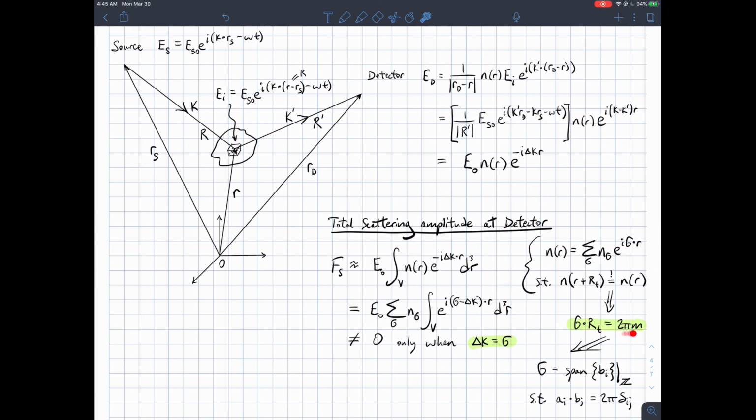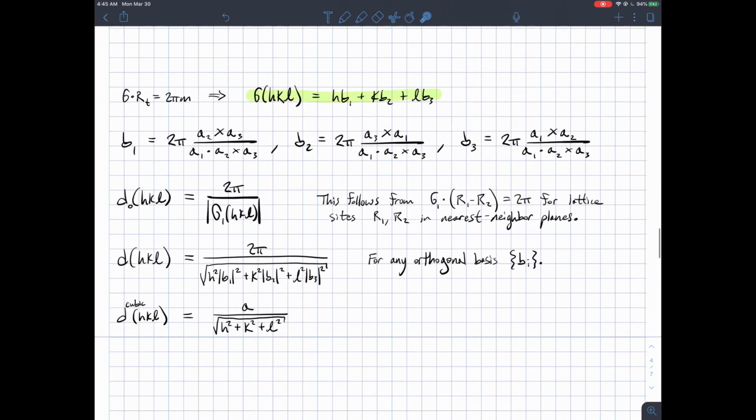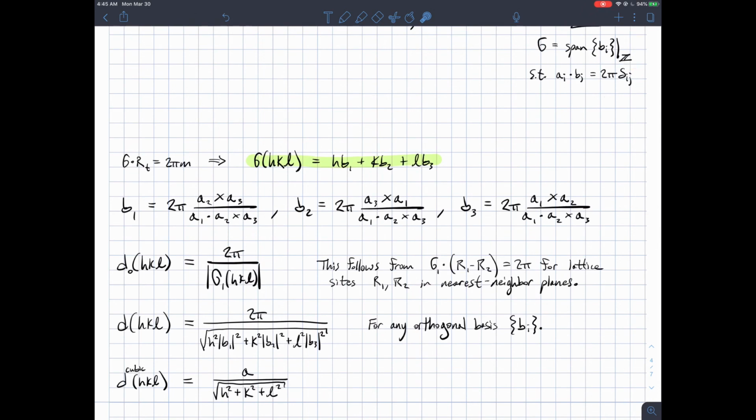So for this to be true, then we must restrict our coefficients to integers here, and the bases must multiply together so that we get this. And in order to get that, then we use a basis that is built from the direct basis, the real space basis. So our reciprocal basis is built from our direct space basis, and that enforces this condition and this condition.